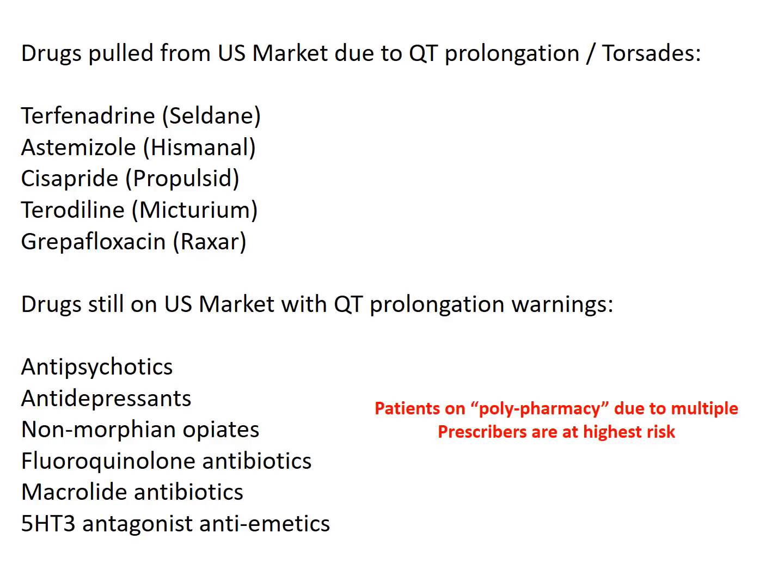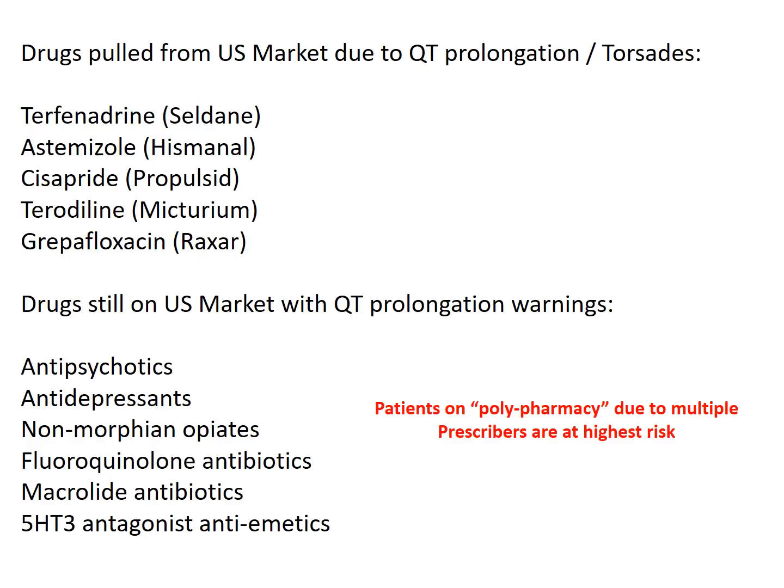Those were 2 drugs that were very commonly used. Seldane as an antihistamine, Propulsid as a drug to manage gastroesophageal reflux disease in both adults and infants and children. They were good drugs therapeutically. They did what they were supposed to do, but their adverse effect was QT prolongation. Individuals died of torsades de pointes, and those drugs were pulled from the market.